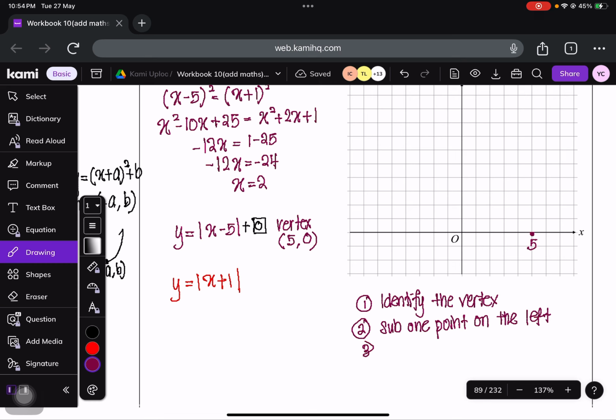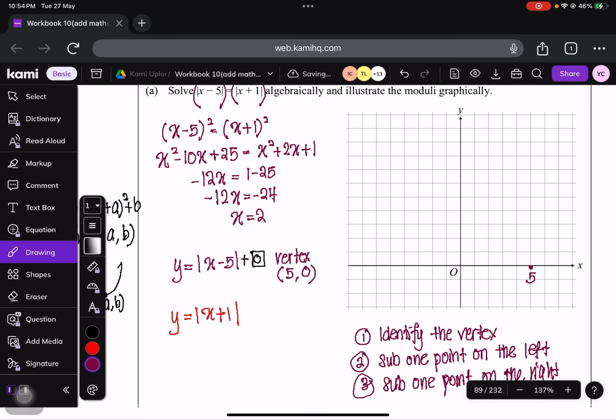And then number 3, you will sub 1 point on the right. It doesn't matter which one comes first, but one left, one right. So I will choose 1 point from this region here, anywhere here. Because 5 is here, I just want to choose 1 point on the left side. So I will choose x equals 0 because I need it.